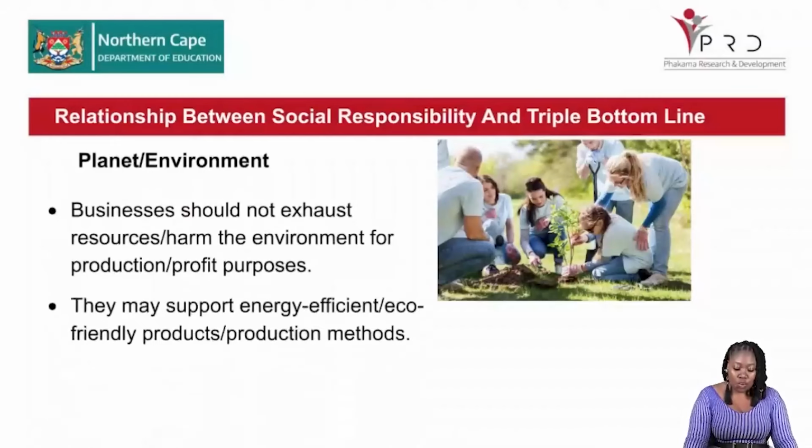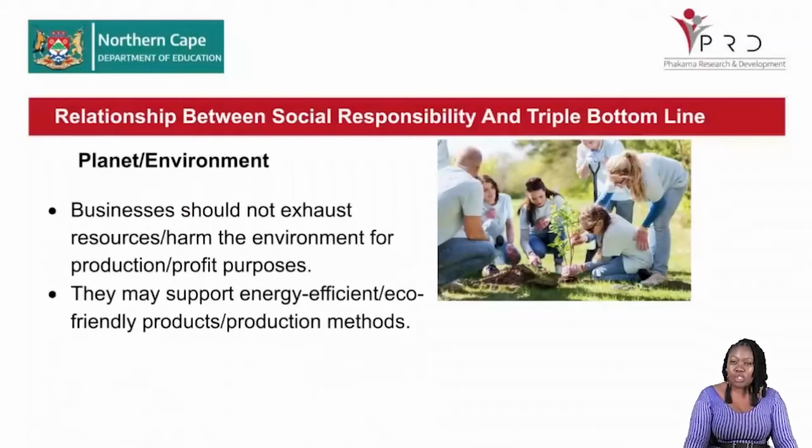They may also support energy efficient or eco-friendly products or eco-friendly production methods. Here we can look at the restaurant industry, restaurants like McDonald's. McDonald's currently offers paper bags instead of plastic because this is eco-friendly. Remember, paper is biodegradable. They also offer paper straws instead of plastic straws, which is eco-friendly.